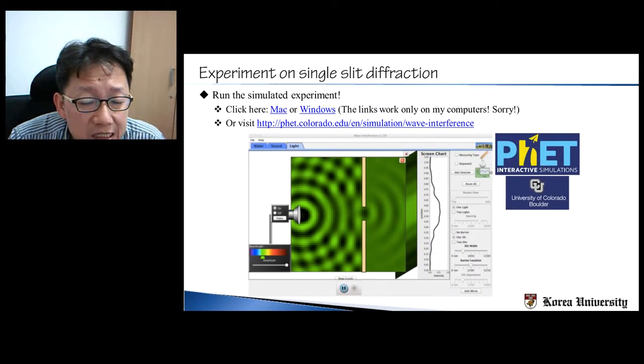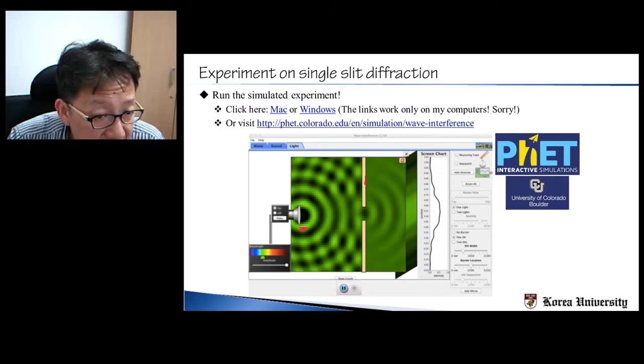Alright, before we study the single slit diffraction in theory, let's try to perform this simulated experiment just like before. Here we have a light source, and now we have a slit. This is a single slit. There is just one opening, right? But the area of this opening is quite big. This is a wide slit.